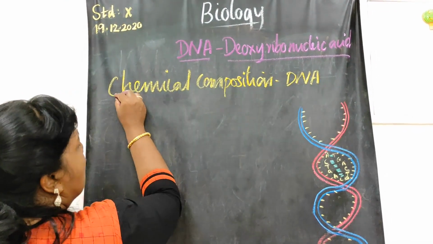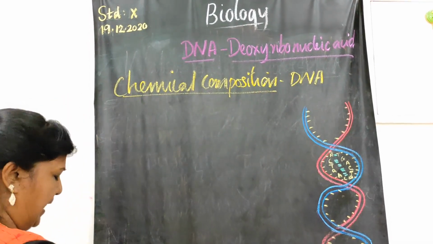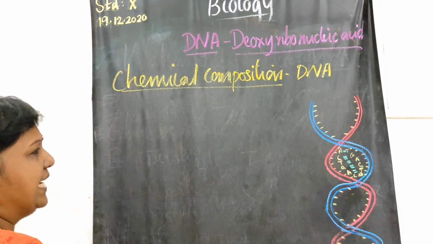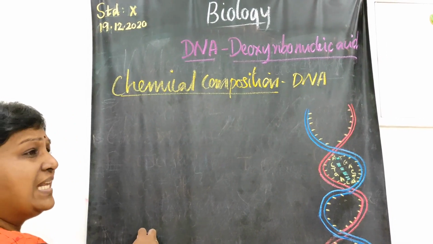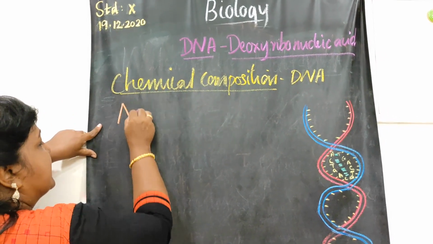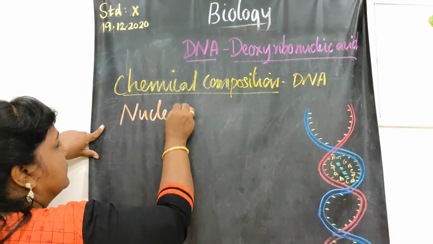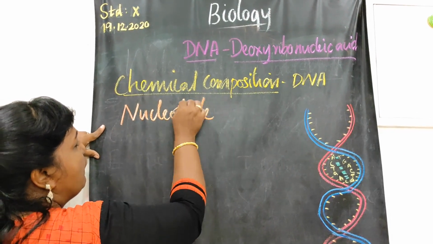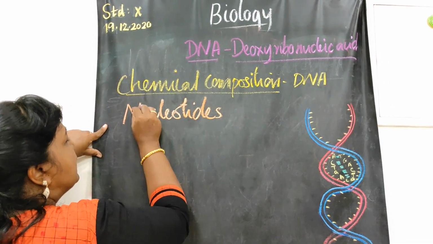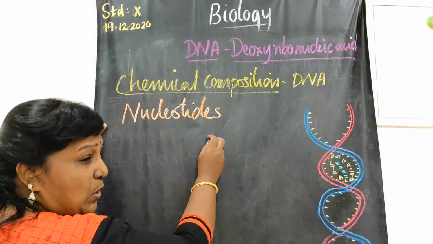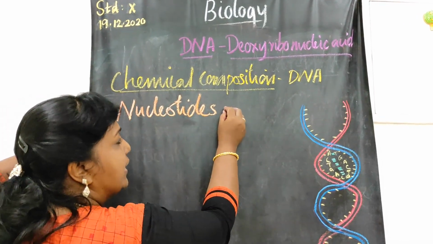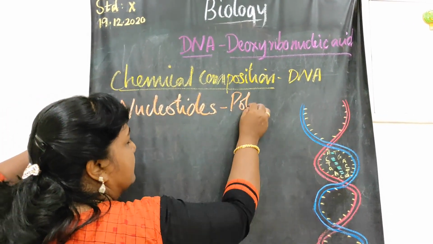Now coming to the chemical composition of DNA. DNA consists of millions of nucleotides, hence it is also said to be polynucleotides.